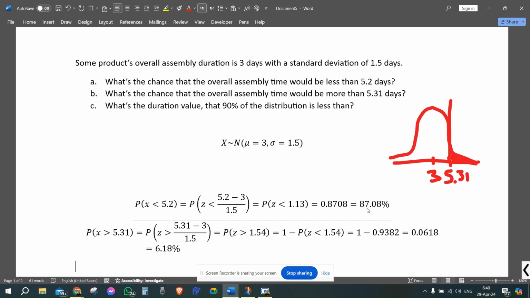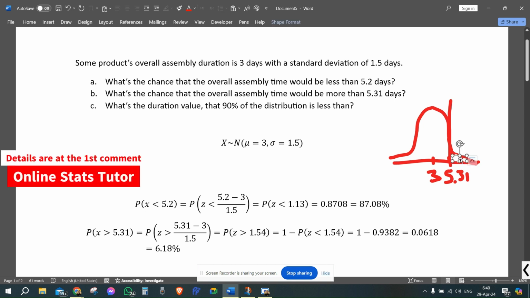Now we're looking for what is the duration value that 90% of the distribution is less than. So this is changing a bit what we're looking for. Now we're looking for the value on the axis and not the probability within the plot. So we're going to get rid of this, and this as well.